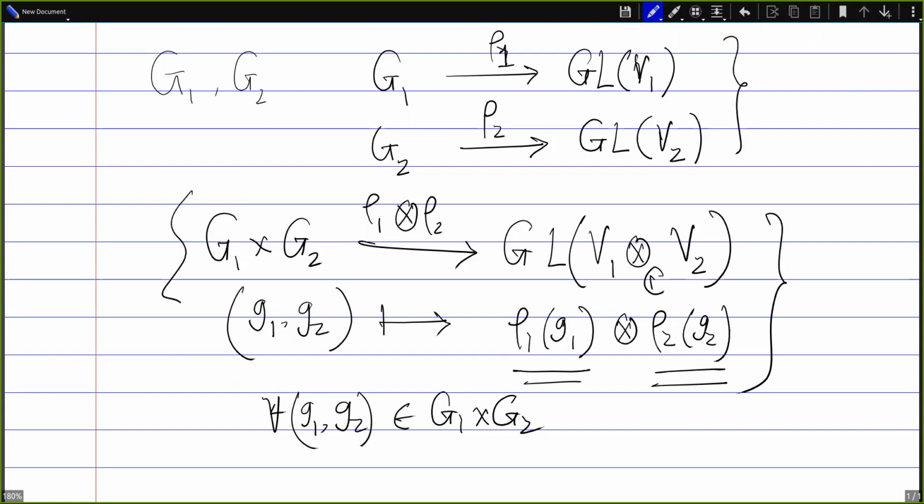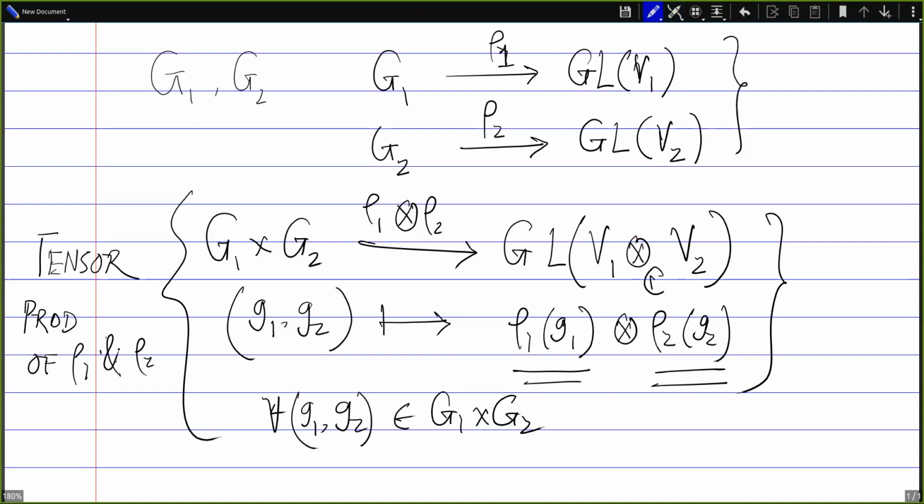So the representation that we have just defined is called the tensor product of rho 1 and rho 2.